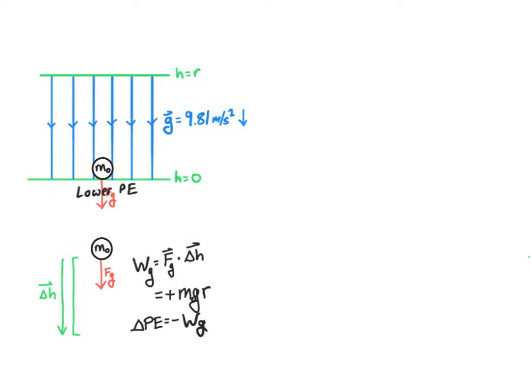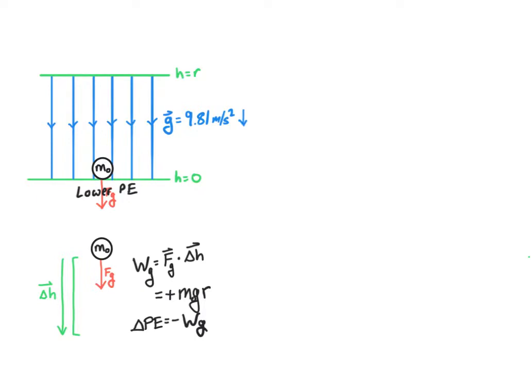In other words, if our field does positive work on something, it means it's using up some of the energy stored in the field, which means its potential energy is going to decrease. If our field does negative work on something, for example, if I took my mass and I lifted it back up, that means energy is being put back into the field, and so it's gaining potential energy from some external source.